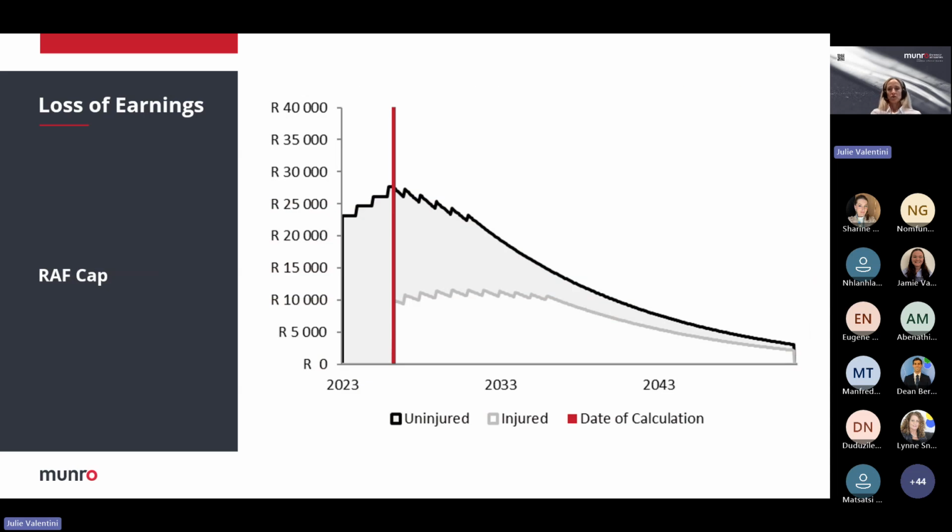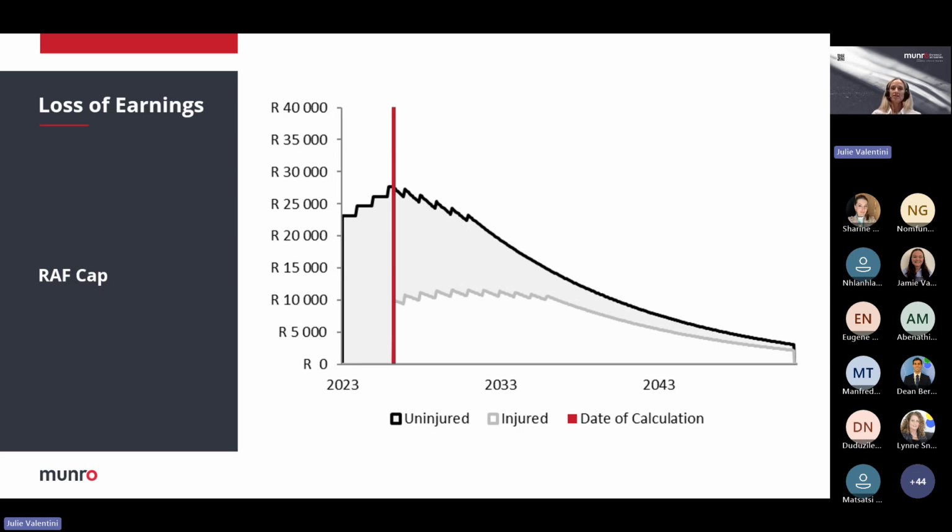The last thing I want to talk about for a loss of earnings calculation is the RAF cap. And obviously this just applies to Road Accident Fund matters. But for those claims, there's a statutory cap that effectively limits the loss in each year to a maximum value. This cap is applied to the loss after contingencies and after apportionment. So it's the final adjustment that is made, and the intention of it is to limit the RAF's liability.